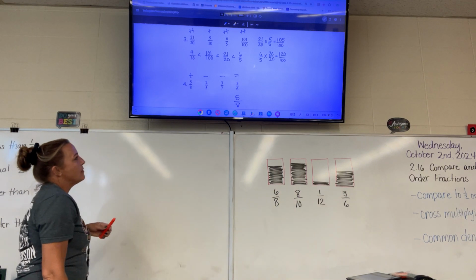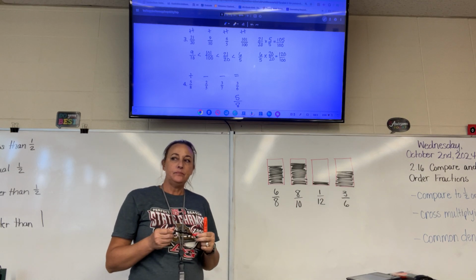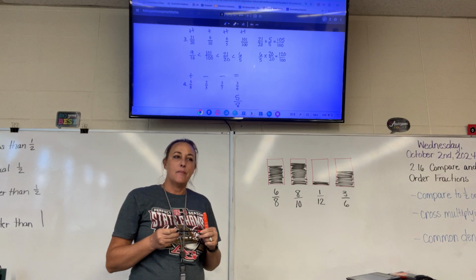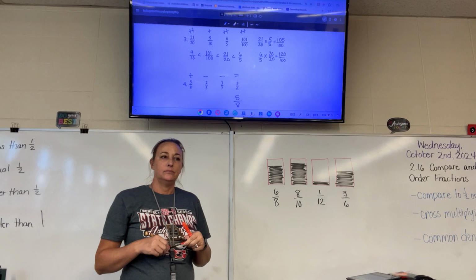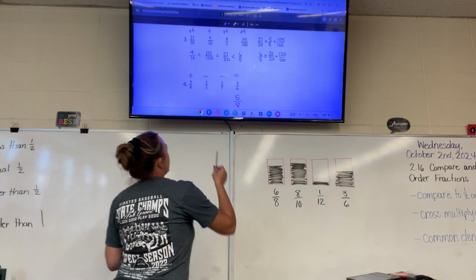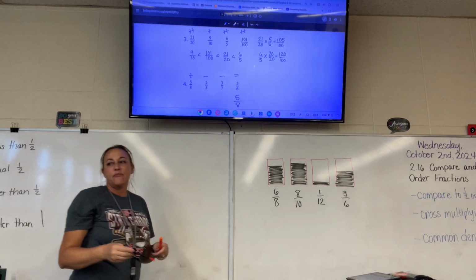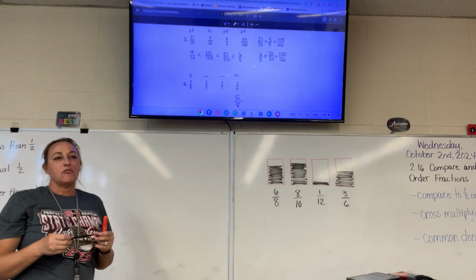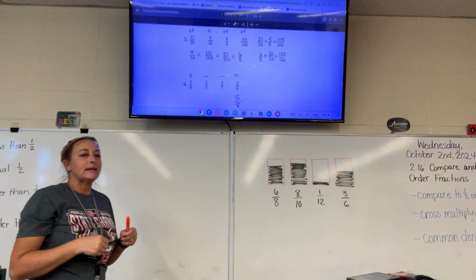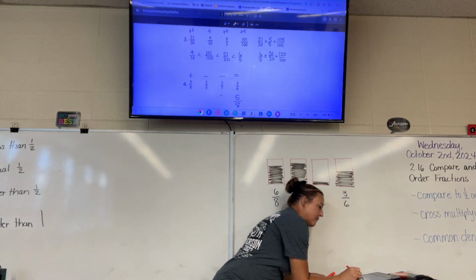Okay. What's the next biggest fraction? 3/6. Use these symbols to help you. This one's greater than half. 3/6. Do you understand why? Because that one's equal to half.